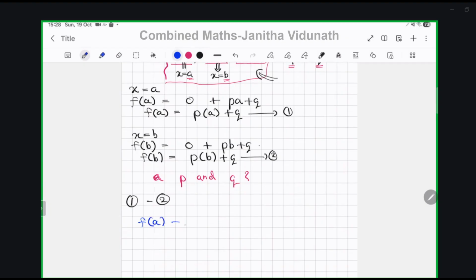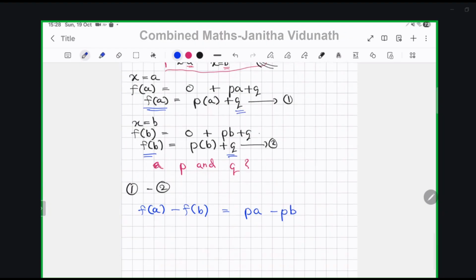On the left hand side, we will get f(a) minus f(b). On the right hand side, we will get pa minus pb. Those q terms will cancel out. That means on the right hand side, we will get p times (a minus b). That means f(a) minus f(b).